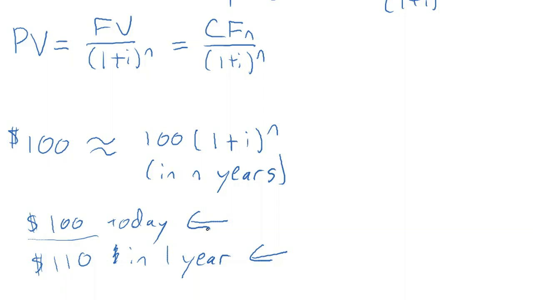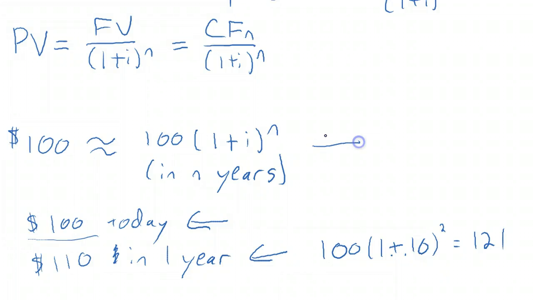So I really am completely indifferent between $100 today and $110 in 1 year. Likewise, 100 times 1 plus 0.10 squared equals $121. I'm completely indifferent between $100 today, $110 in 1 year, and $121 in 2 years.